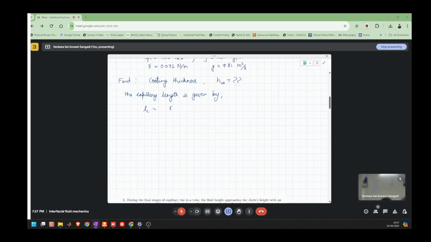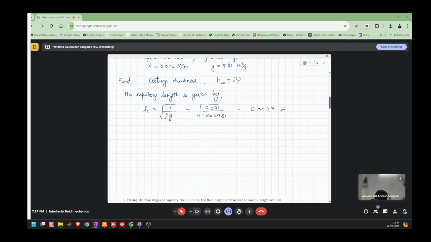LC is equal to the square root of gamma by rho g, which is equal to the square root of 0.072 divided by 1000 into 9.81, which is equal to 0.0027 meter.